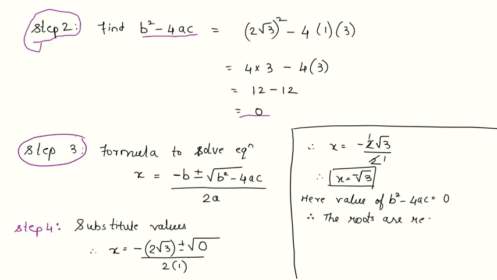Whenever this value is 0, the roots are considered as real and equal. And the answer is minus root 3 comma root 3 are the roots of the given quadratic equation. Because the roots are real and equal, that is the reason we have taken positive root 3 as well.